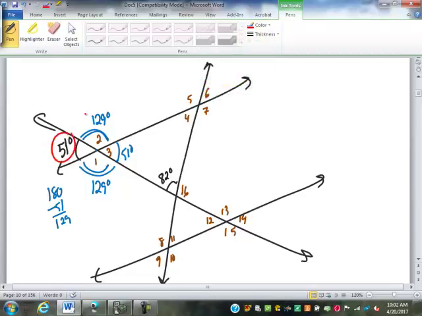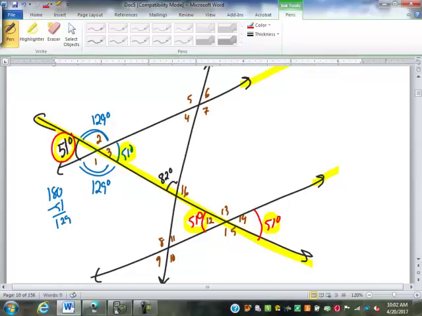Are there any other angles that have to be 51 degrees? The 12 and the 14 have to be, because these are the parallel lines here, and this is my transversal. So this angle would lay on top of that one, this angle would lay on top of that one. Are there any other angles that have to be 129?